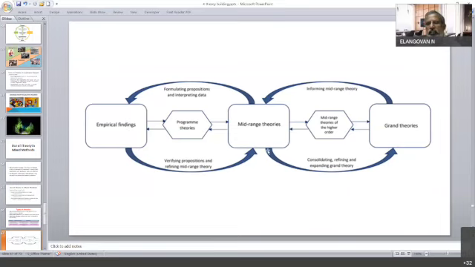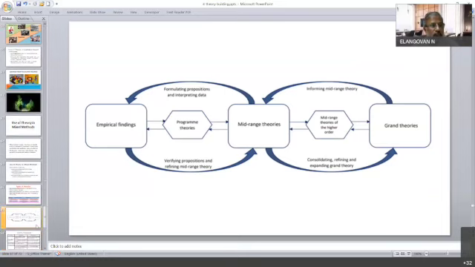From a mid-range theory, you connect to a grand theory. But your empirical findings cannot directly go to the grand theories. Many of us make this mistake. We say, I'm taking this theory, but that theory is a grand theory. You need to operationalize, bring it down to an empirical level, break it down, break it down, break it down. That's what I was telling you in the last class also.